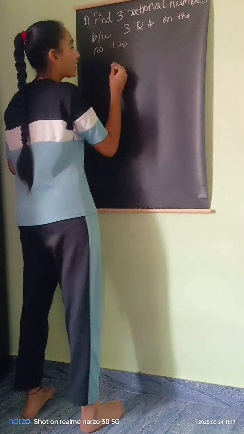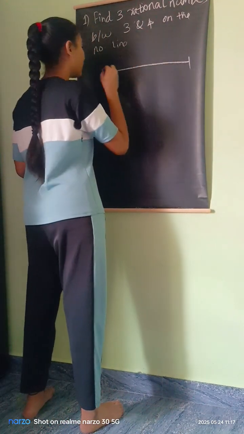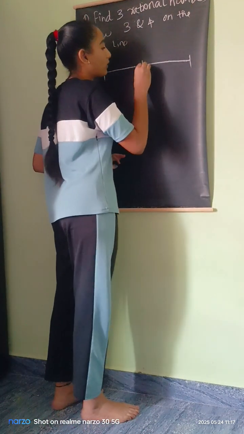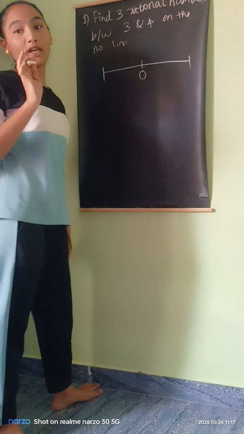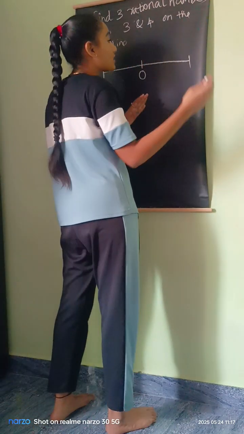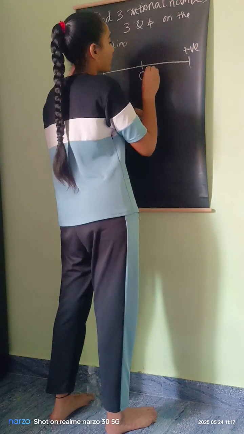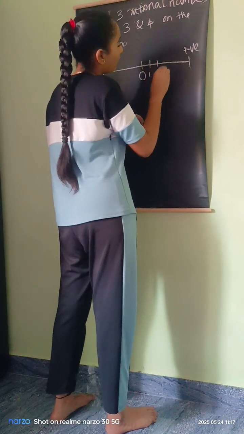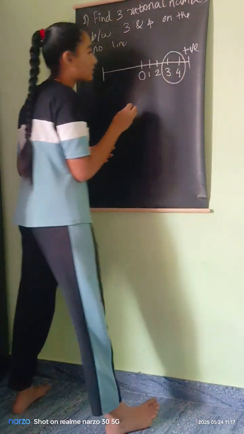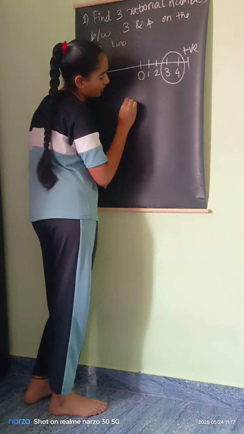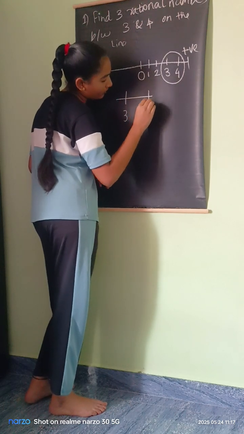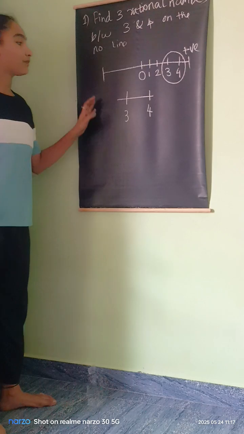So let's draw a number line first and locate 3 and 4 after the 0. There is no negative sign, so the numbers don't go on the side of negative integers. Let's move on to the positive integers: 1, 2, 3 and 4. Let's draw a zoomed picture of it. It looks like that.